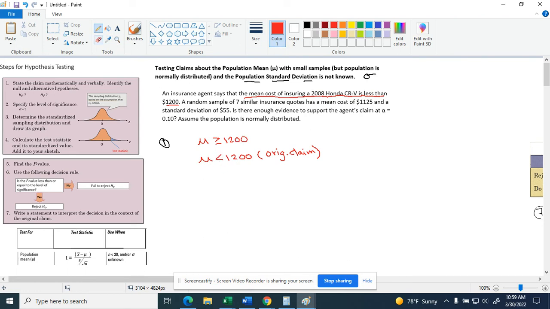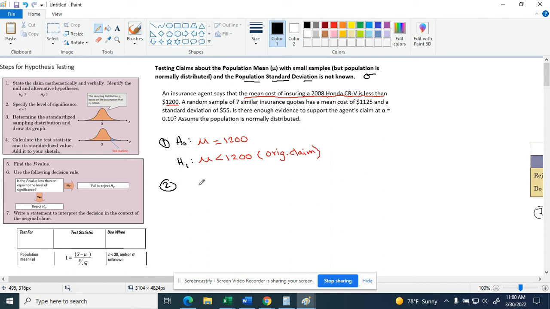However, in our book, we don't use greater than or equal. Instead, we're going to say equal. So I'm going to change that greater than or equal to an equal sign. Because now I have two claims, the original claim and the counterclaim, I'm going to label these two claims with H0 and H1, like it says here. H0 is always the claim with the equal sign. H1 is always the claim without the equal sign. And I did step 1.